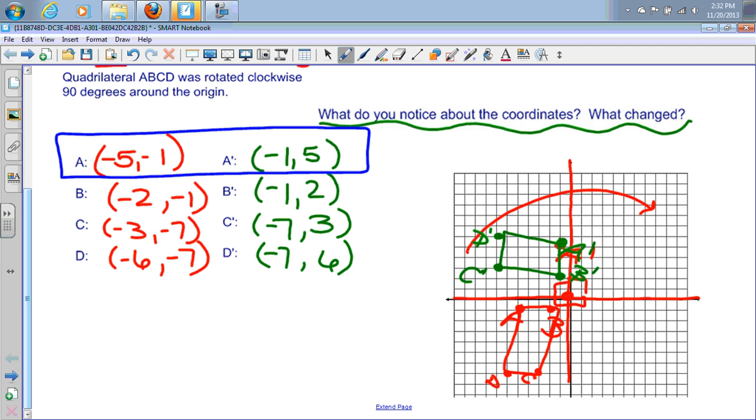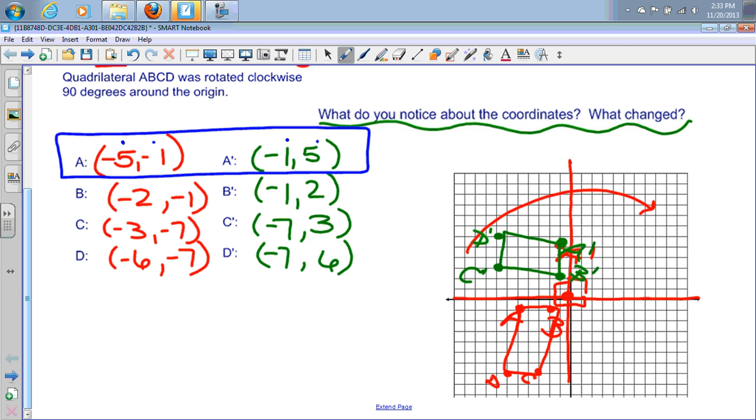Do you notice anything? Yes, the numbers are the same. Oh, but they switched. -5 was in X, and now it's over in Y, and -1 was in Y, and now it's in X. Oh, but it was -5, and now it's 5. But the -1 stayed the same.